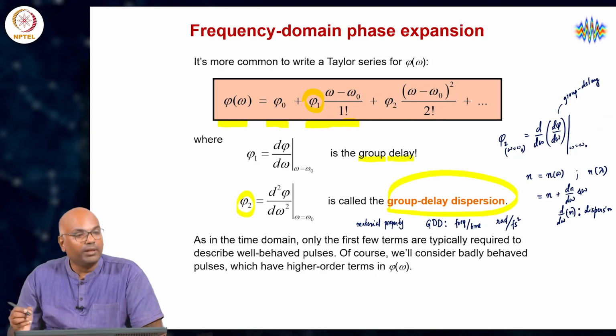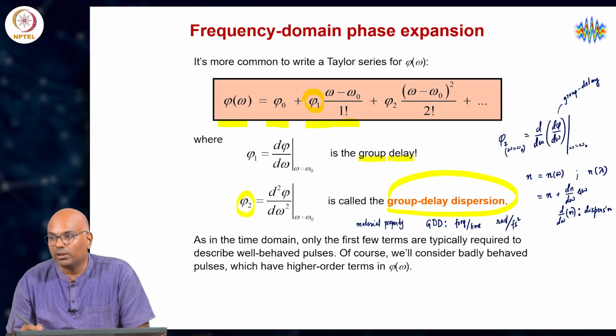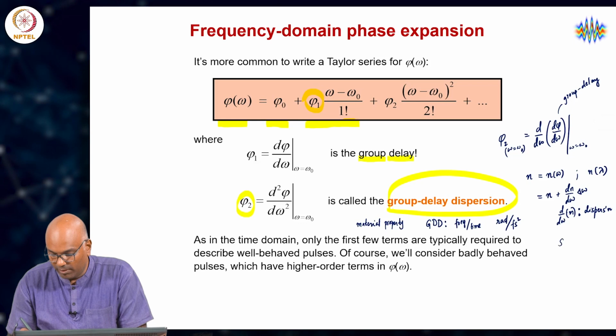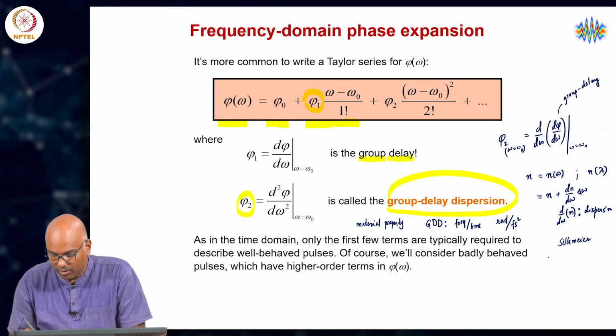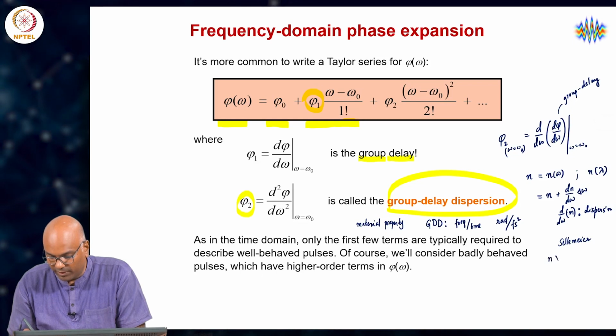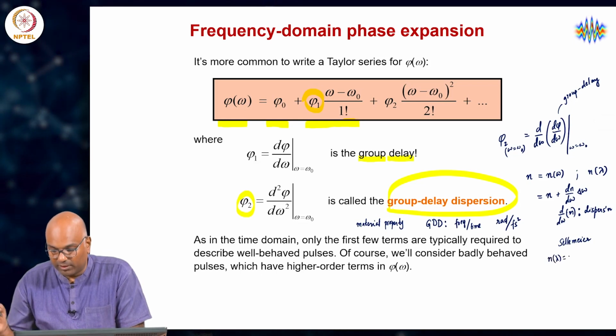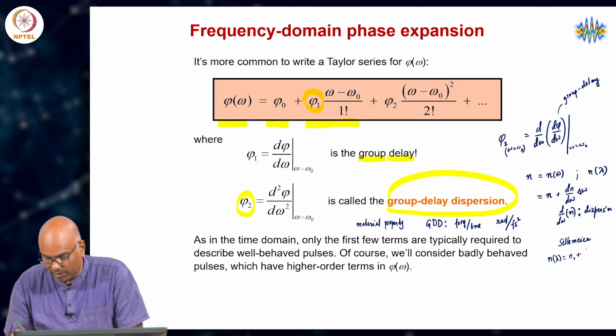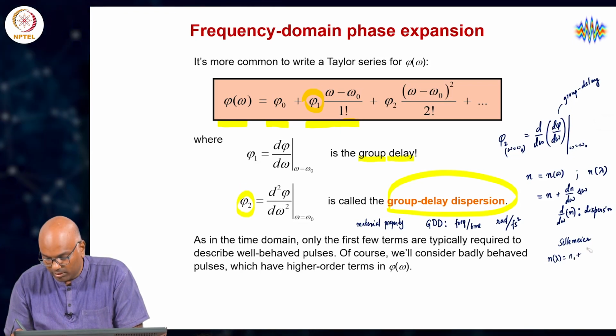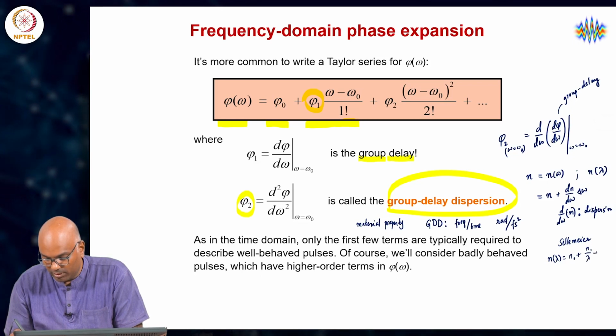You may have in optics studies encountered these Sellmeier coefficients for the way in which refractive index as a function of wavelength is determined, right. So, you have n naught plus something, n 1 by lambda plus n 2 by lambda square.